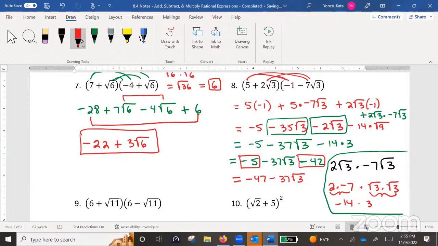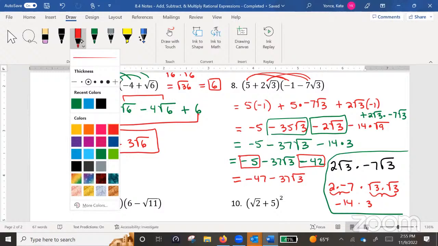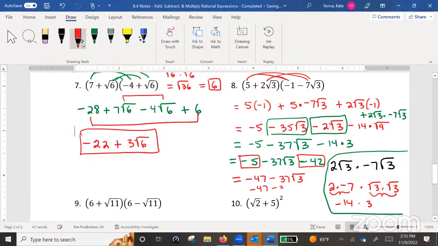Do we? Are they like terms though? Right, because imagine this, Lisa. So imagine like the radical is a variable, negative 47 minus 37x. Would I be able to put those together? No, they're not like terms. Remember, I can add two things if they both have square root of 3, like up here, right?